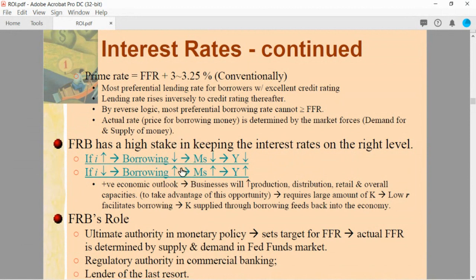So there's no borrowing. As the borrowing goes down, money supply throughout the economy goes down, right? Because nobody's expanding, nobody's hiring new workers. Even the old workers are laid off, right? And since you are not expanding, you're not hiring any construction company to build a new plant. Since you're not building a new plant, you're not buying any new production equipment.